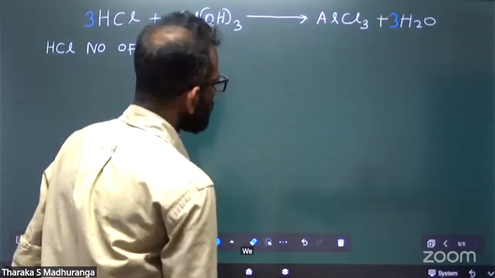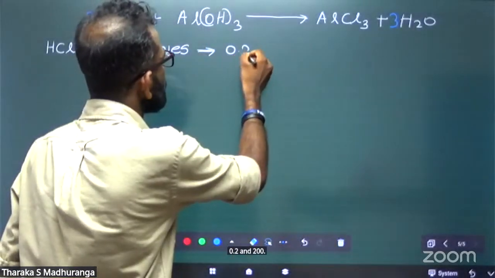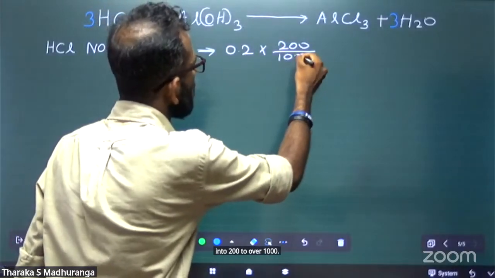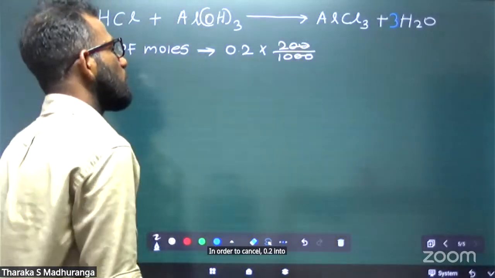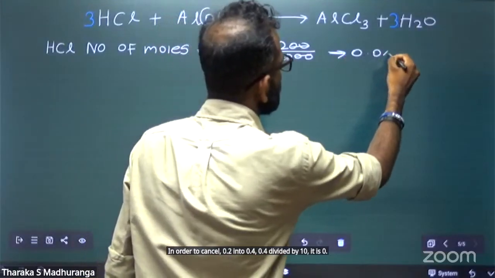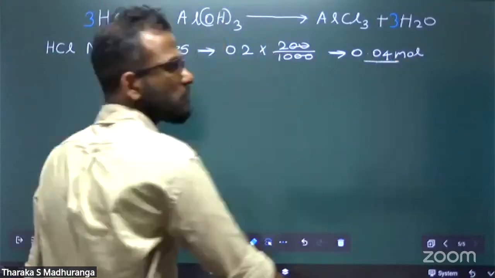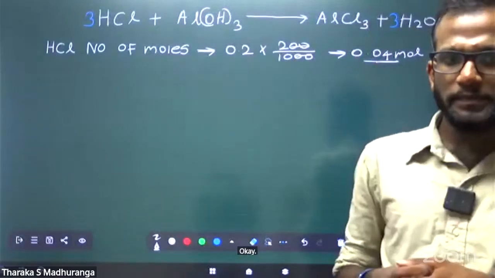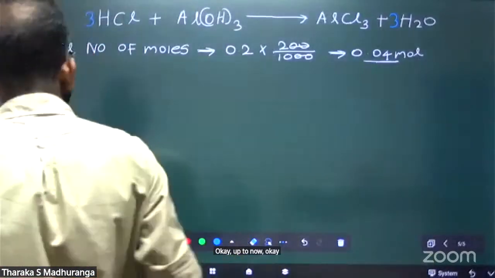We have to go to the question: 0.2 and 200. 0.2 into 200 over 1000. 2 and 2 cancel. 0.2 into 2 is 0.4. 0.4 divided by 10 is 0.04 moles. Okay, calculate with me. Up to now, okay? Any doubt, please ask.